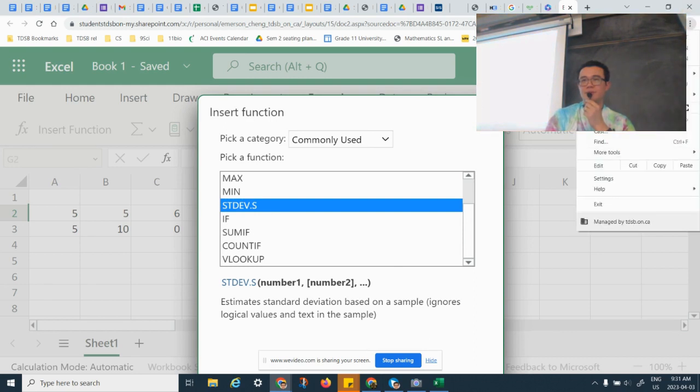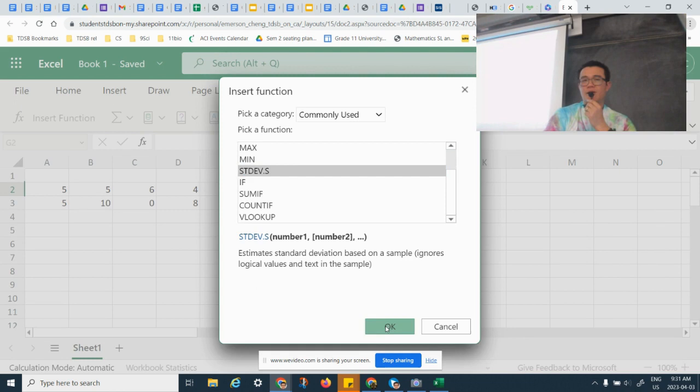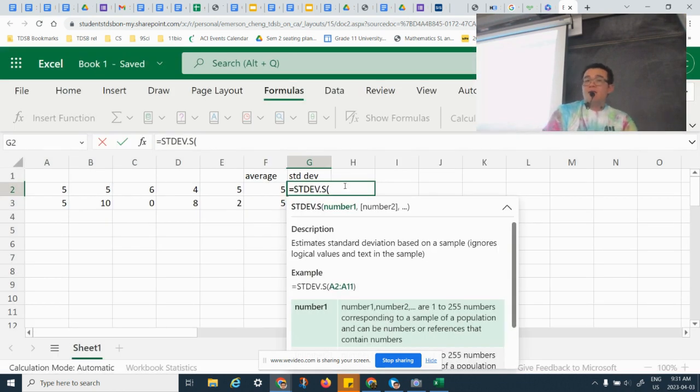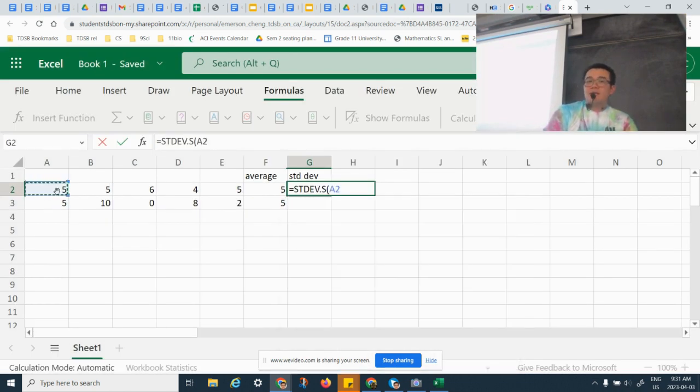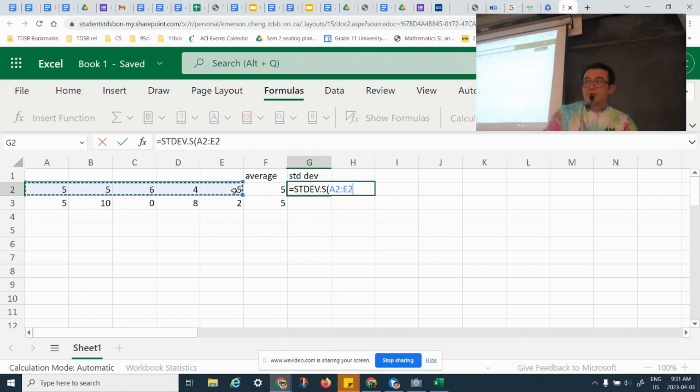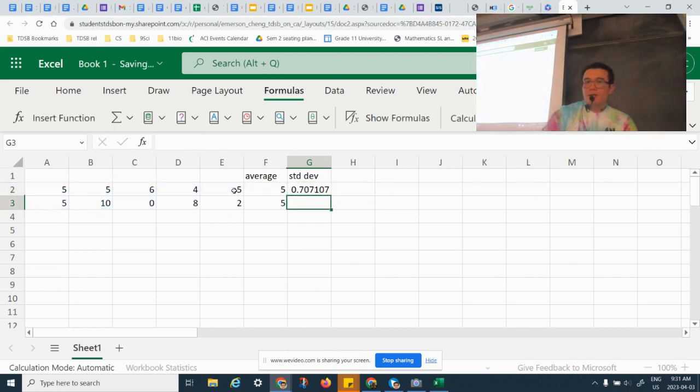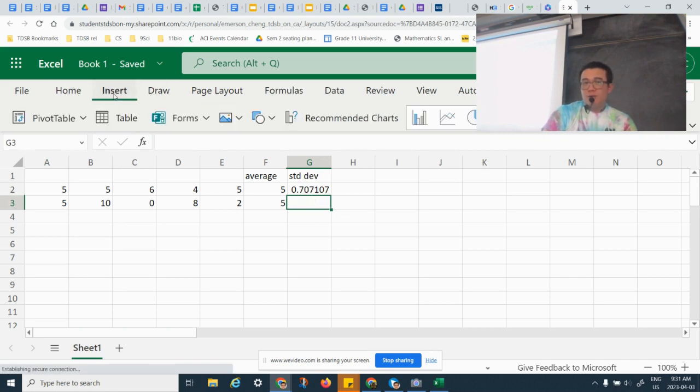Maybe zoom out a little bit. Click on that, and again, I would select these 5 numbers. Click, gives me this number. Standard deviation of this set is 0.7 something. Now I can click on here and then drag it down, but I just want to show you one more time so you can remember how to do it.